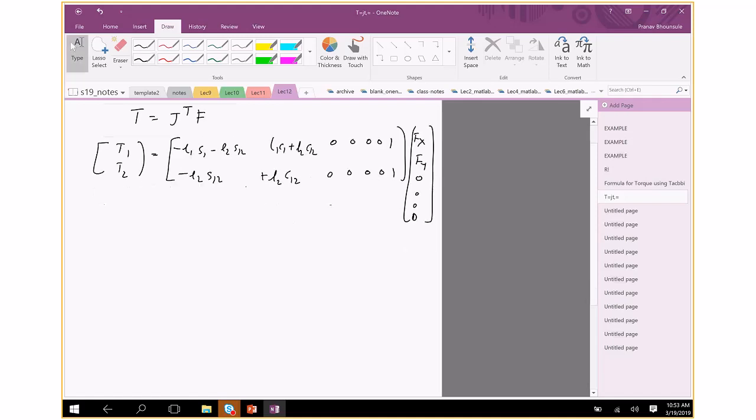Okay, after doing the multiplication, the 2 cross 6 and 6 cross 1, so they're compatible for multiplication, you get torque 1, torque 2.